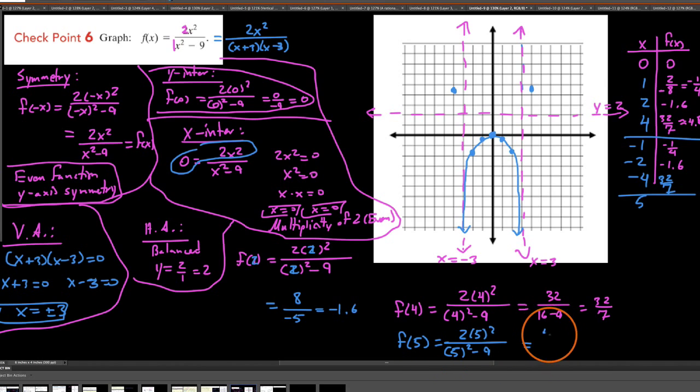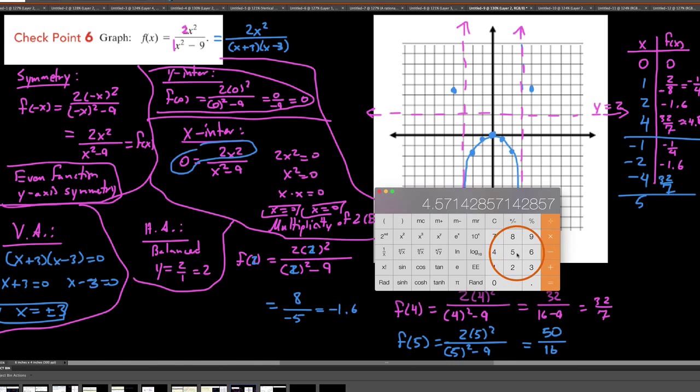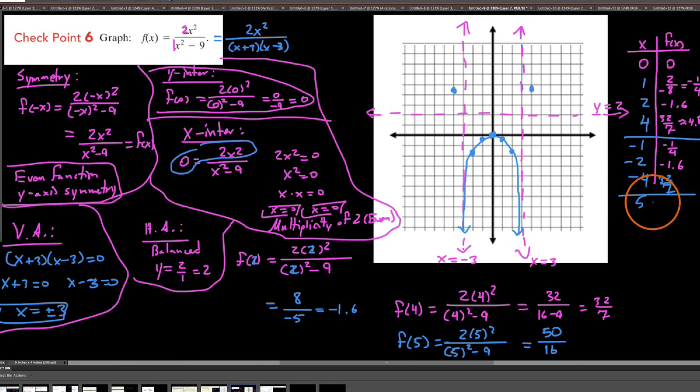So we get 2 times 25 on top, and 25 minus 9 on bottom, which is 16. So 50 sixteenths, 50 divided by 16, is 3.125. When I go out 5, I'd be up 1, 2, 3, and then just a little bit more. Because of symmetry, we'd have it on this side as well.